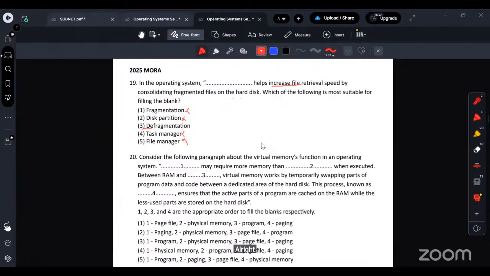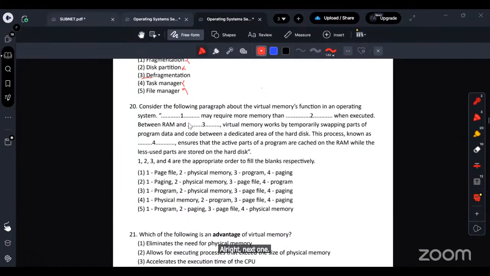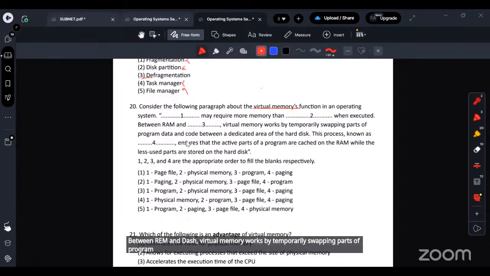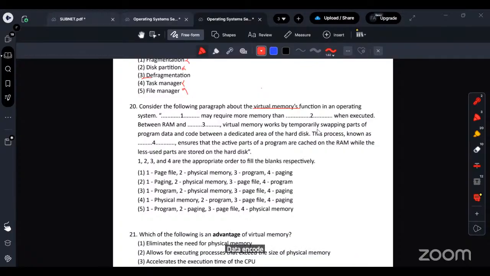All right. Next one. Consider the following paragraph about virtual memory's function in an operating system. So dash may require more memory than dash when executed. Between RAM and dash, virtual memory works by temporarily swapping parts of program data and code between a dedicated area of the hard disk.